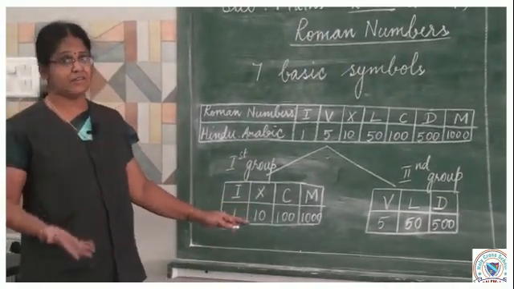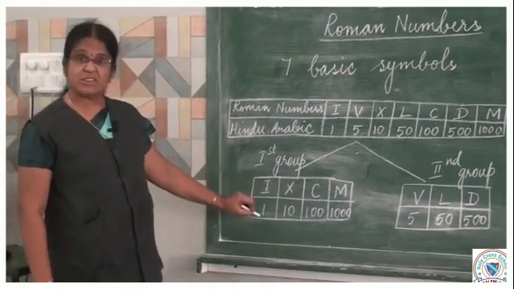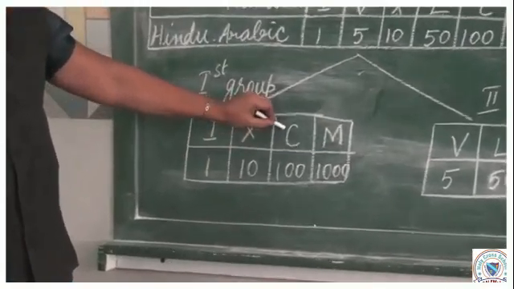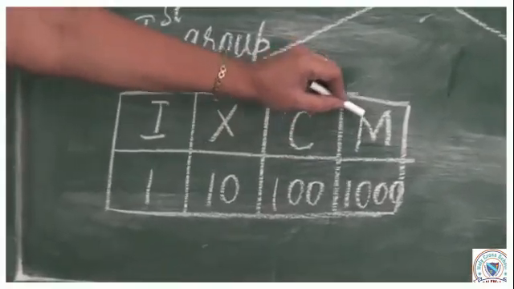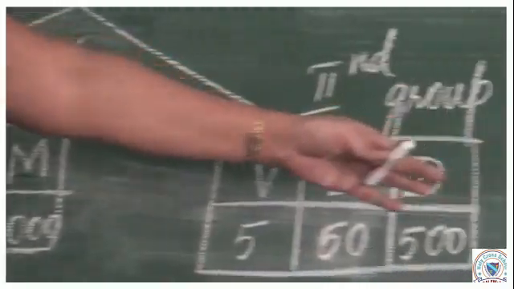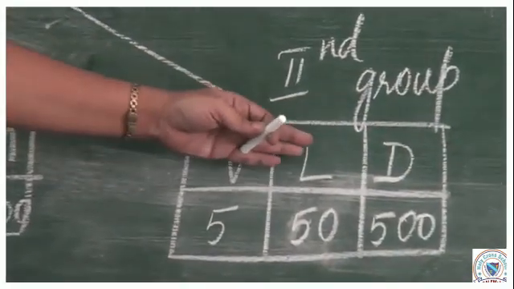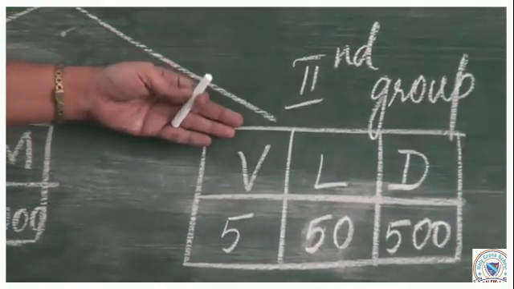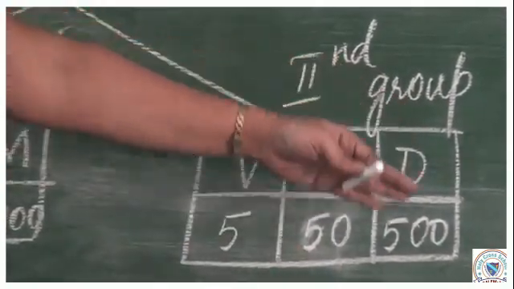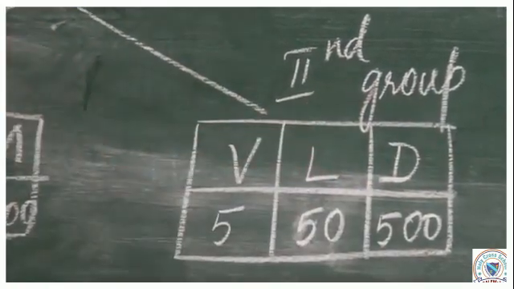I, X, C, M. Where I stands for 1, X stands for 10, C stands for 100 and M stands for 1000. And the second group contains V, L, D. Where V stands for 5, L for 50 and D for 500.